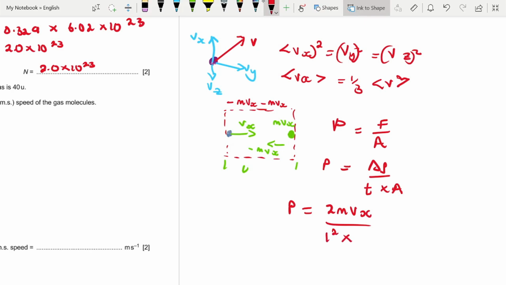Then our time. Remember, velocity is the distance that it has traveled. For this momentum change to occur, it's going to travel a distance of L, then it comes back a distance of L. So the total distance that has been traveled is 2L, and the velocity itself is Vx.